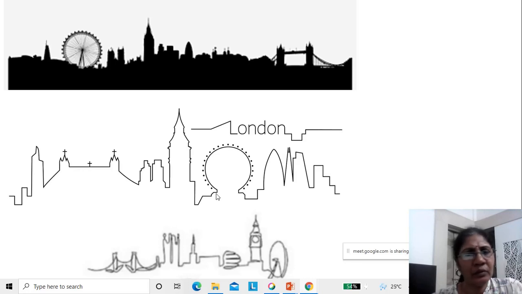So not a big issue to find out such information. यहाँ पे ये क्या है, ये क्या है, what are these tower like structures, and what is this particular structure over here?